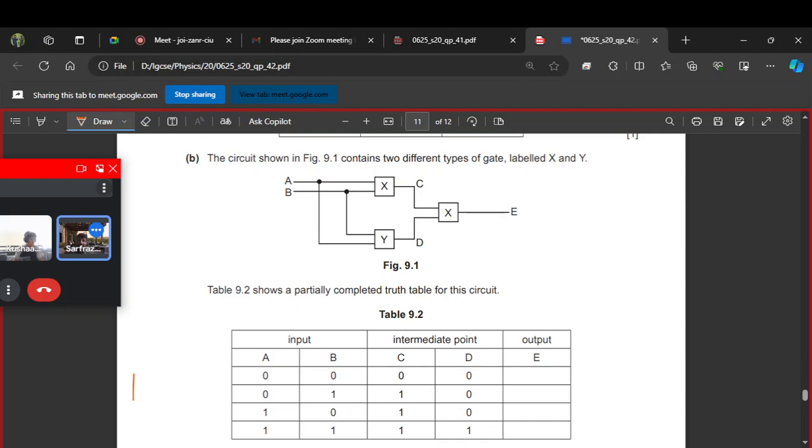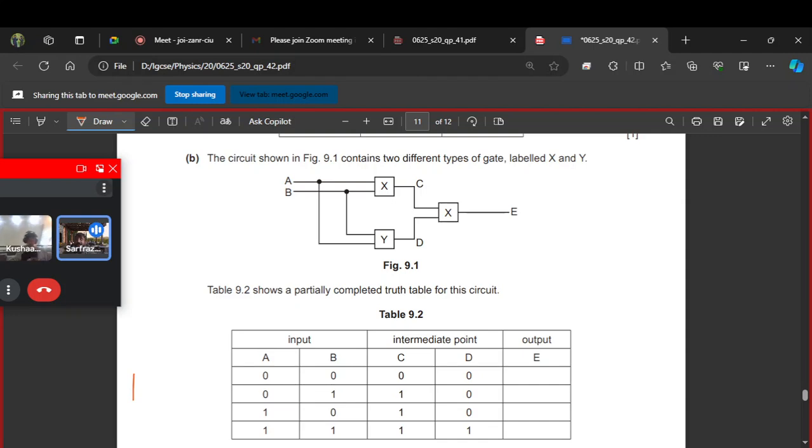The X gate takes what it gets from A and B. It's a simple OR gate. It's just adding the things. Zero OR zero.